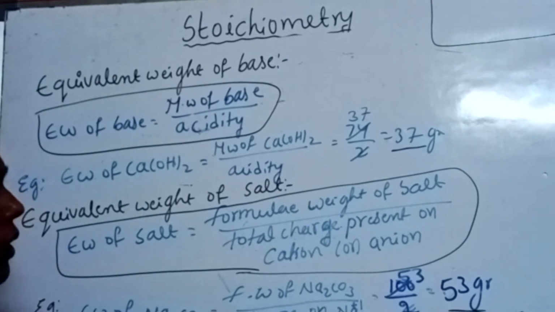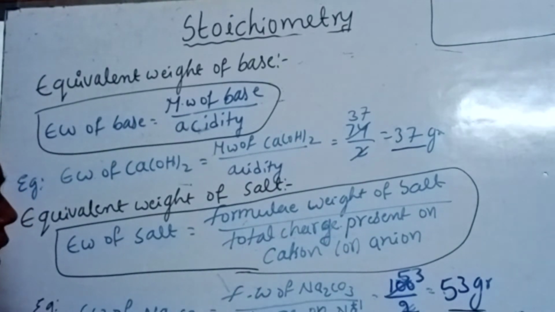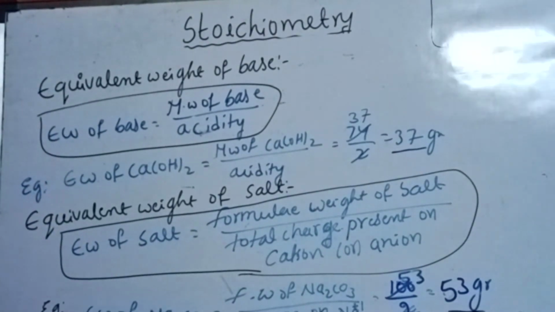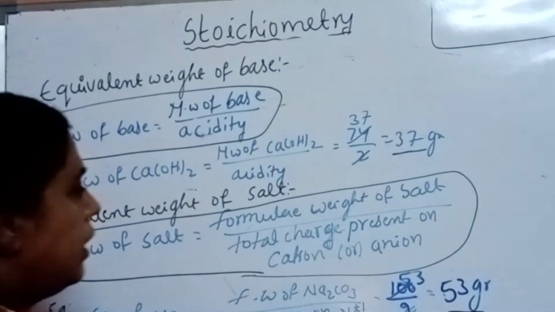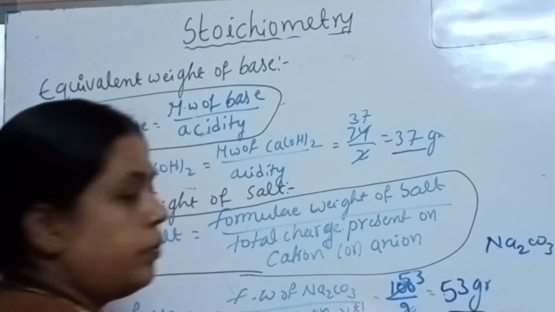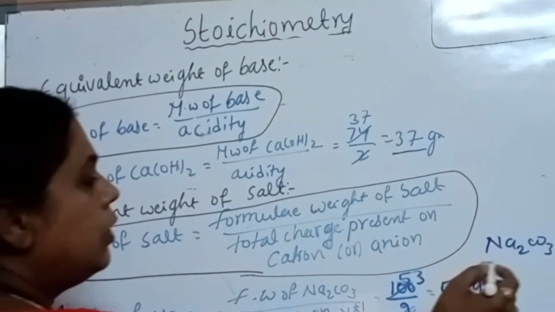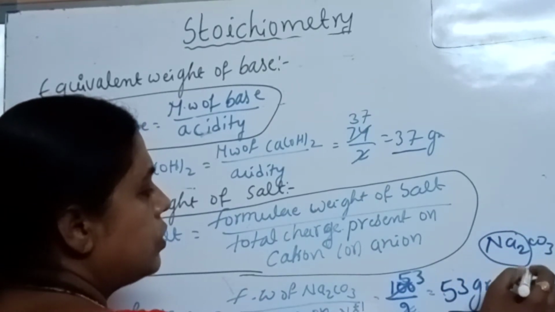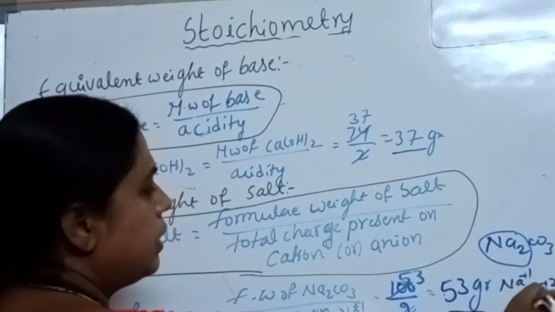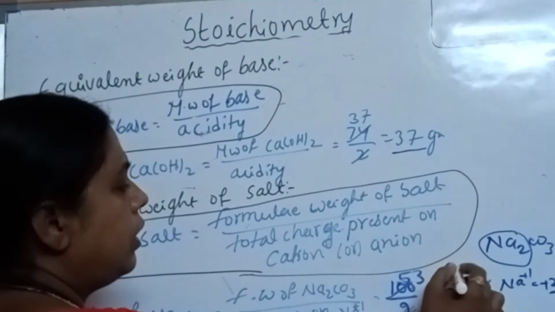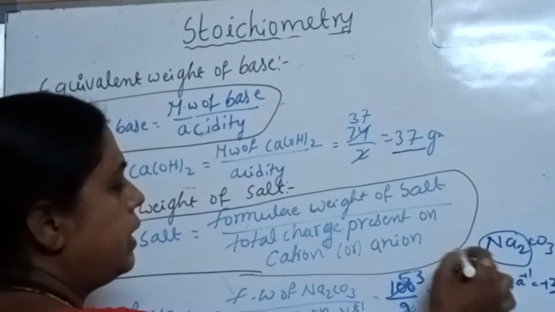See, in the Na2CO3 formula, 2 sodiums are present. For 1 sodium the charge is plus 1, so for 2 sodiums the total charge becomes plus 2. For CO3, the charge is minus 2.